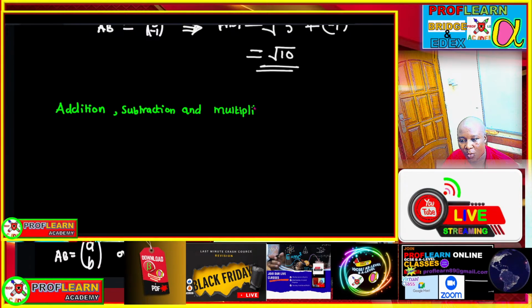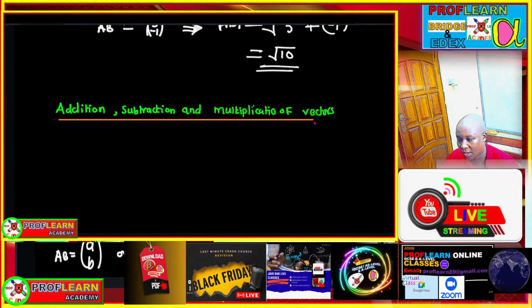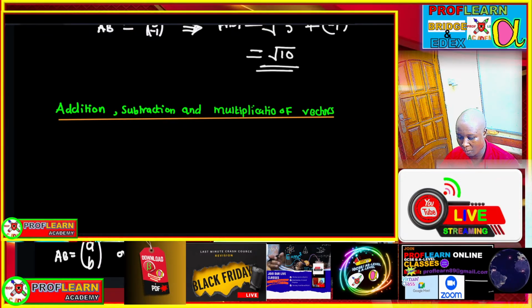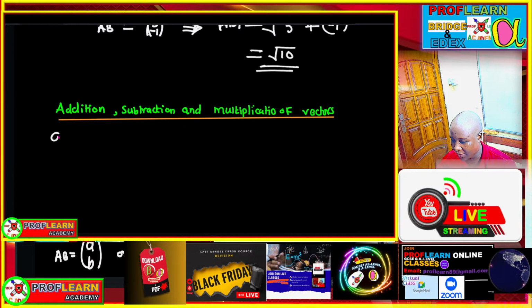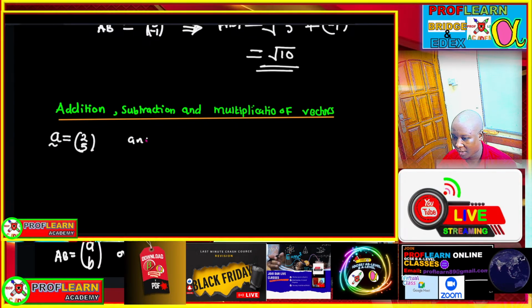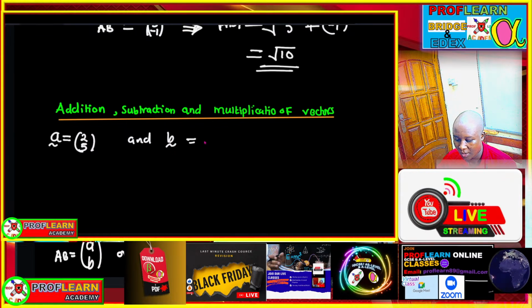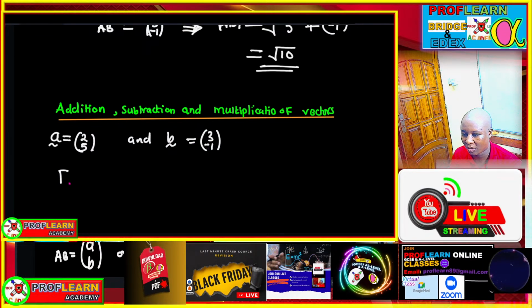At the same time, you can be given addition, subtraction, multiplication in unit vectors. So under additional math, those are some of the areas that are quite important. Now let's see how that is going to turn out.